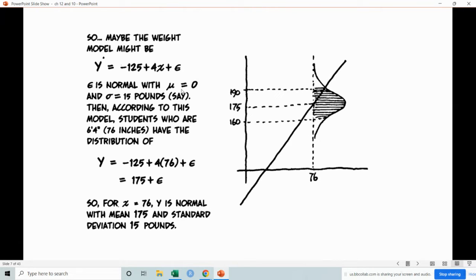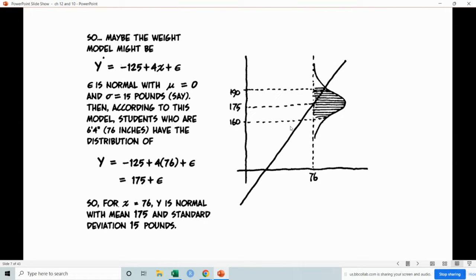The error term is normal with mean 0 and standard deviation 15 pounds. According to this model, students who are 6'4", or 76 inches, have the distribution of -125 plus 4 times 76 plus the error term, so 175 plus some margin of error. So for x equals 76, y is normal with mean 175 and standard deviation 15 pounds.